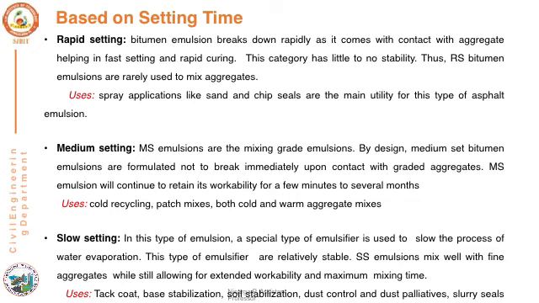By design, the medium set bitumen emulsions are formulated not to break immediately upon contact with the aggregates. Medium setting bituminous emulsion will continue to retain its workability for a few minutes to several months. The applications of medium setting emulsions include cold recycling, patch mixes, and both cold and warm mix aggregates.